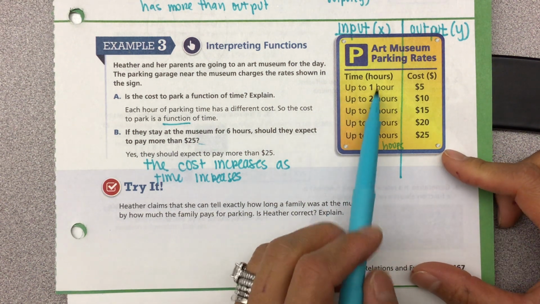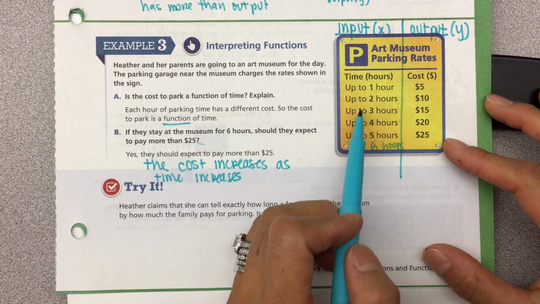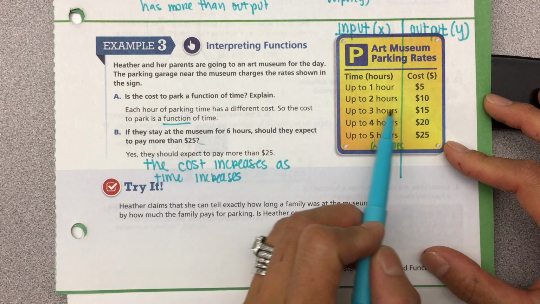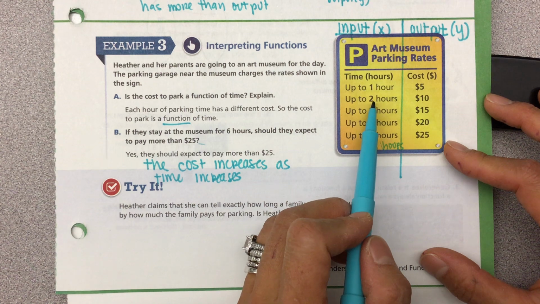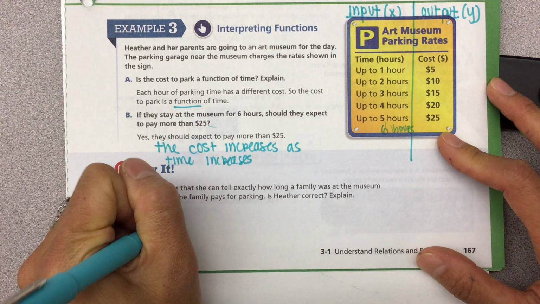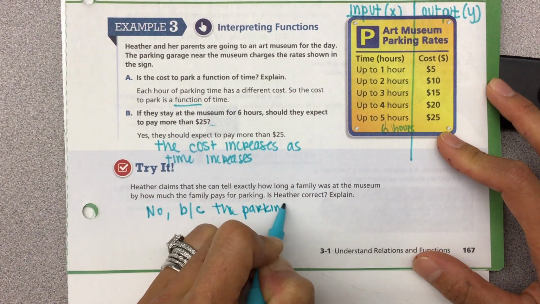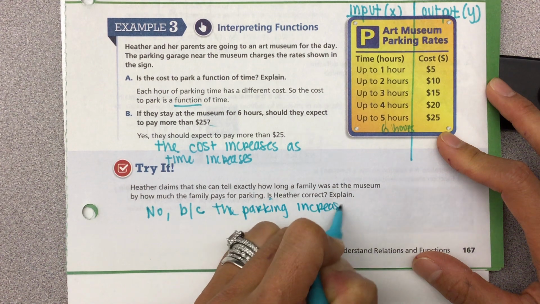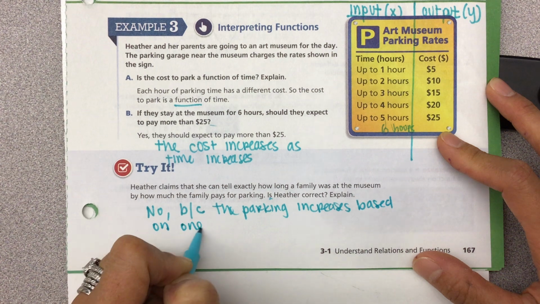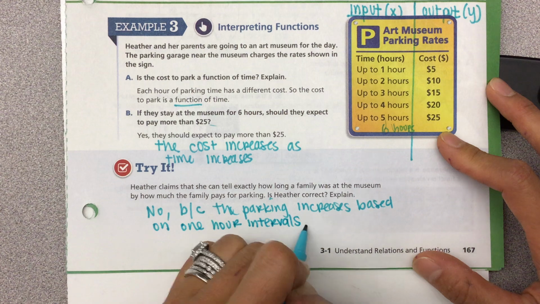So she's not correct, because notice these are just whole hours, right? What happens if someone parked for 2.5 hours? They're still going to pay $15. But if they parked for 2 hours and 59 minutes, they're still paying $15. So no, because the parking increases based on 1 hour intervals, meaning only by the hour.